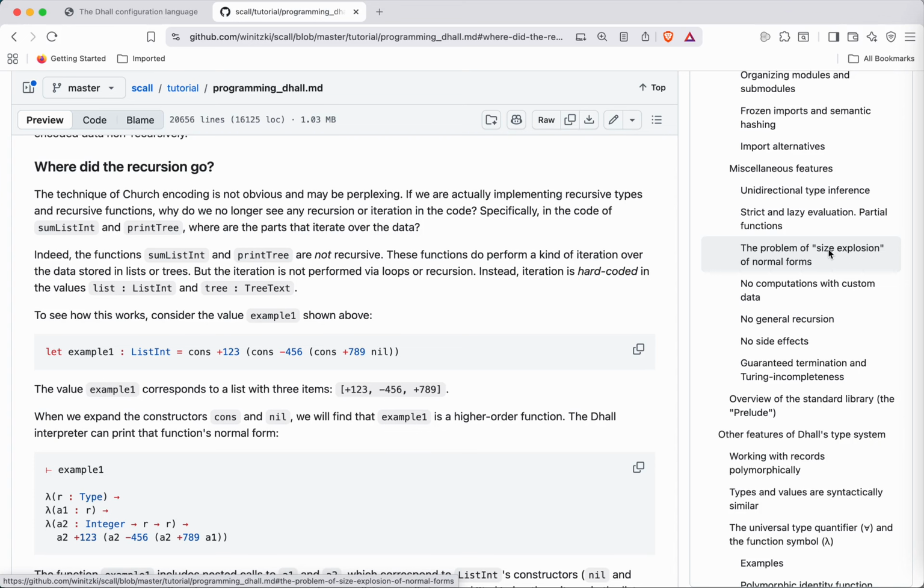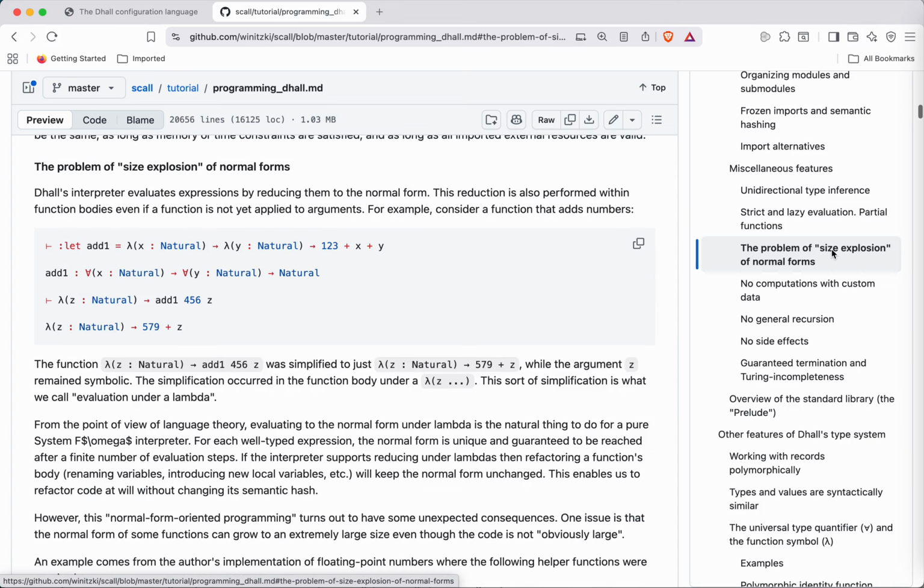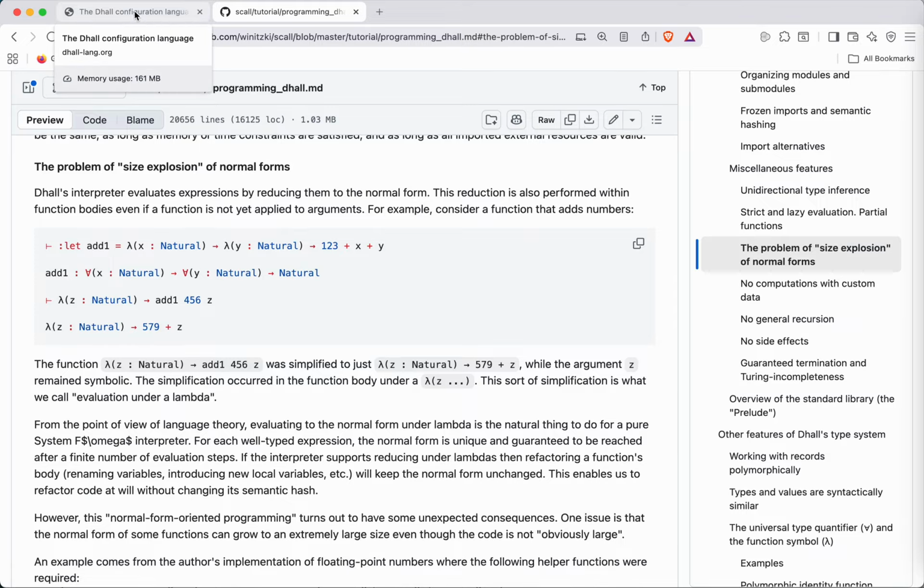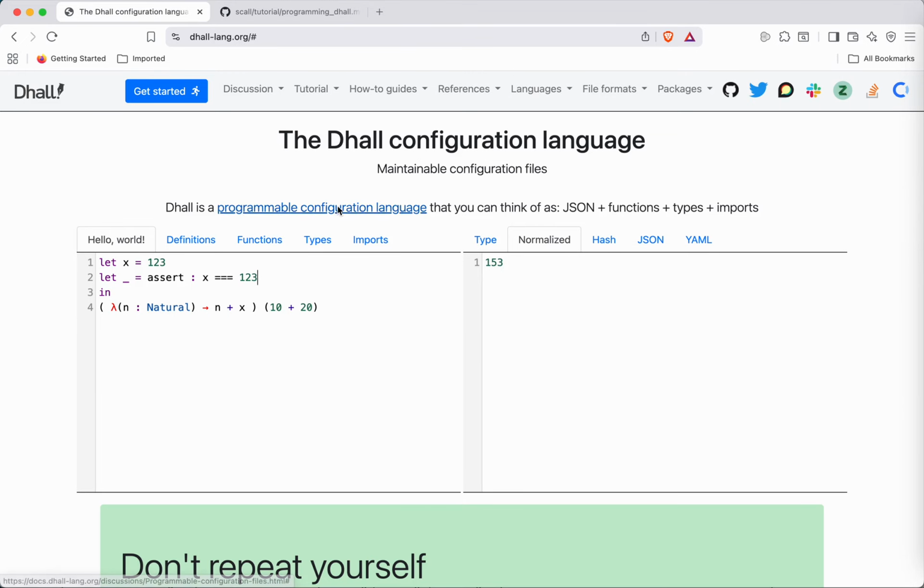I also talk a little bit about this problem of size explosion, and this is a problem that is unfamiliar to most programmers used to programming in other languages, where normal forms is not the main means of evaluation. In Dhall, normal forms is the only thing that is being evaluated, because everything is just a big expression.